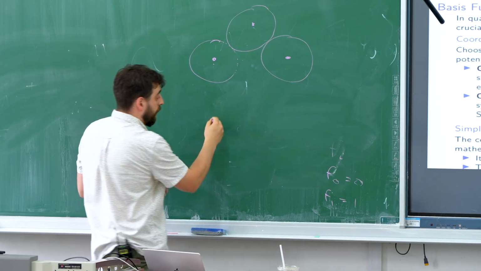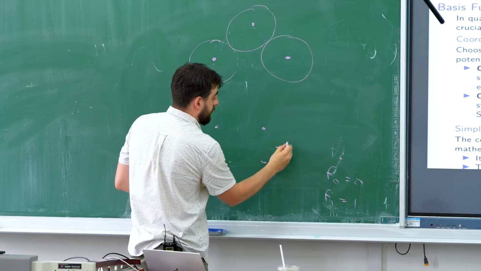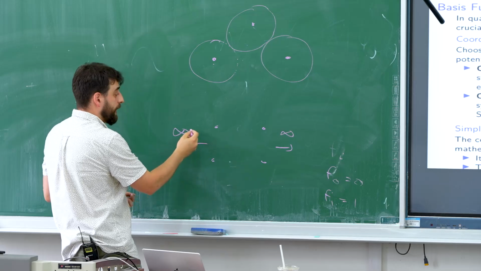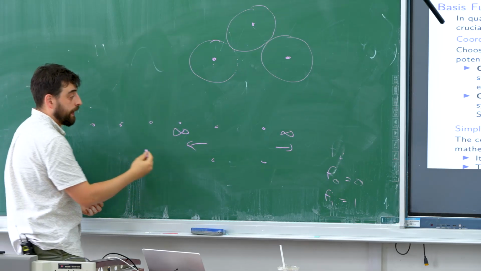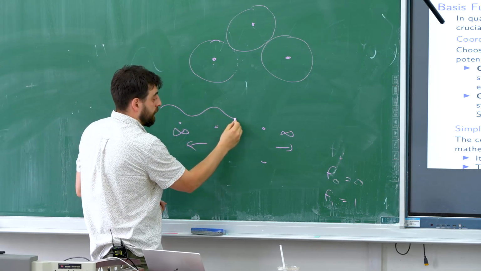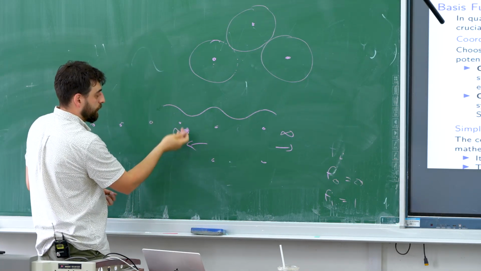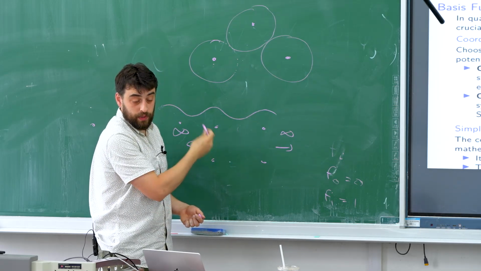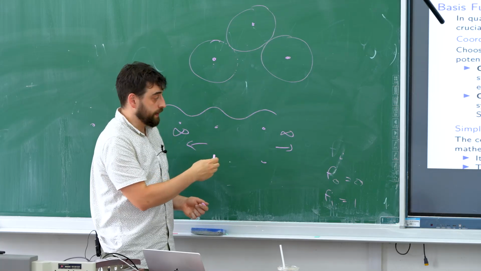If, on the other hand, we've got a crystal that goes on forever to infinity in all directions, now what we have is effectively a periodic potential, and our wave function is more likely to have a shape which in some way resembles the crystal that the wave function exists in.